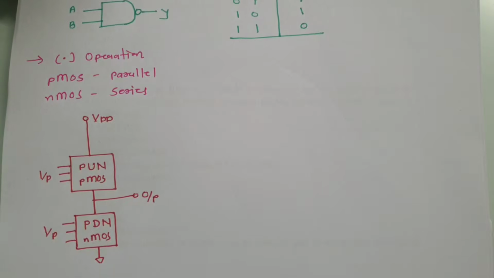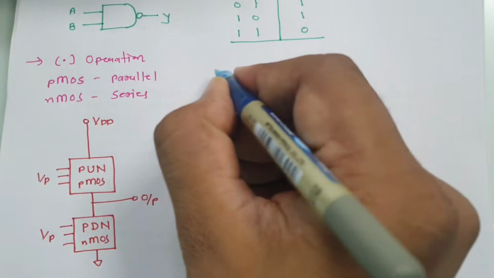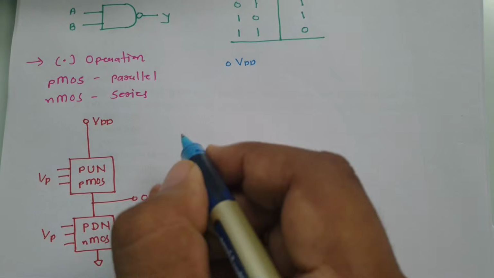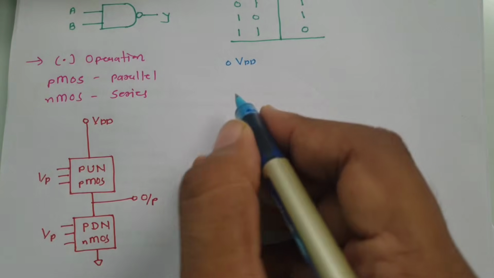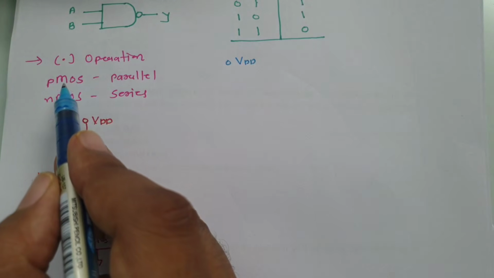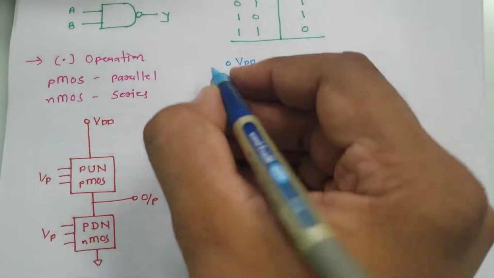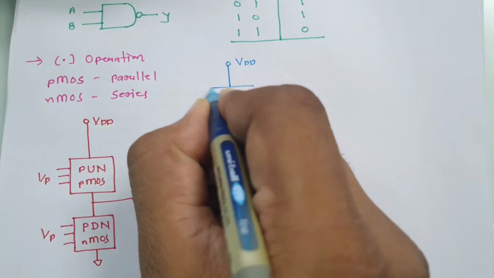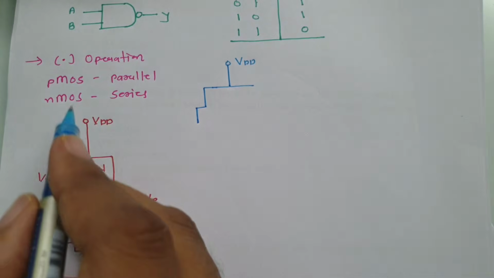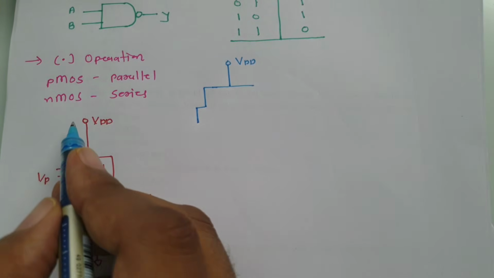Here we have VDD, after that the pull-up network. Now we need the PMOS transistor connection, and here I am connecting PMOS in parallel, and here we have the operation a dot b.